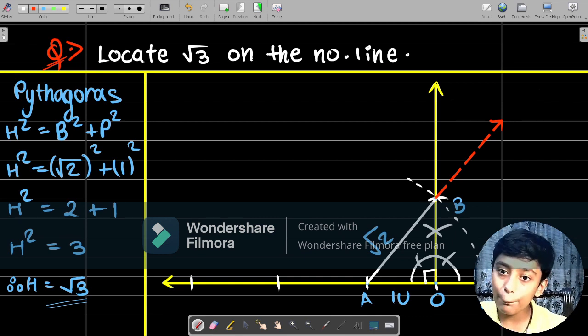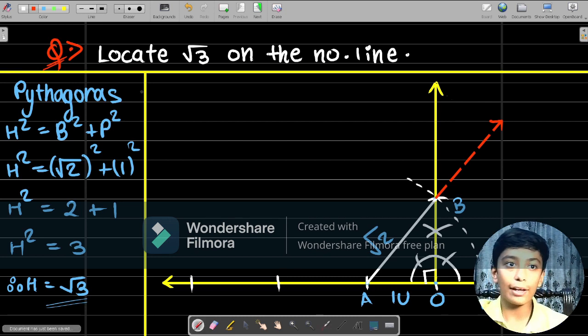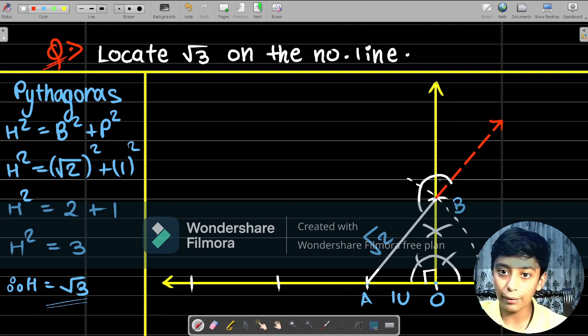Now, keeping your compass needle at point B over here, we will make a semicircle, like we'll draw a 90 degree. Okay. So again, I'm taking white color. Again, we'll draw a semicircle, from here to here, and here to here.